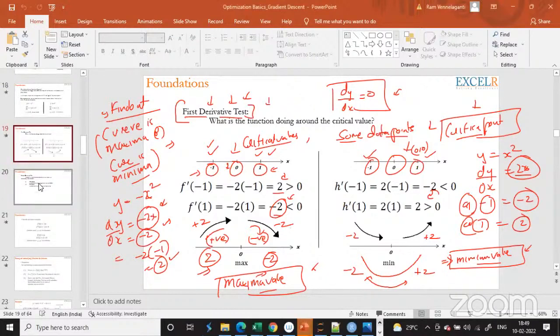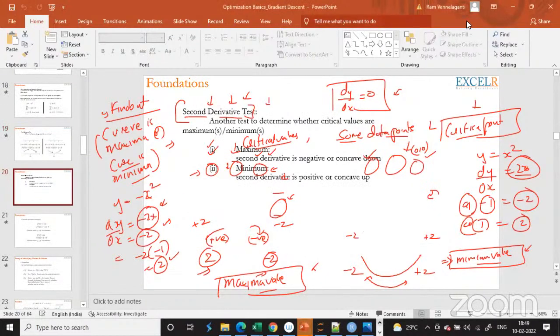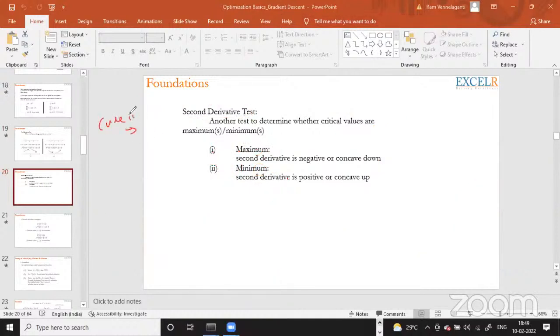Now, you can also find out whether the curve is going to have a maxima or a minima value using the concept all of us are familiar with: the second derivative test.